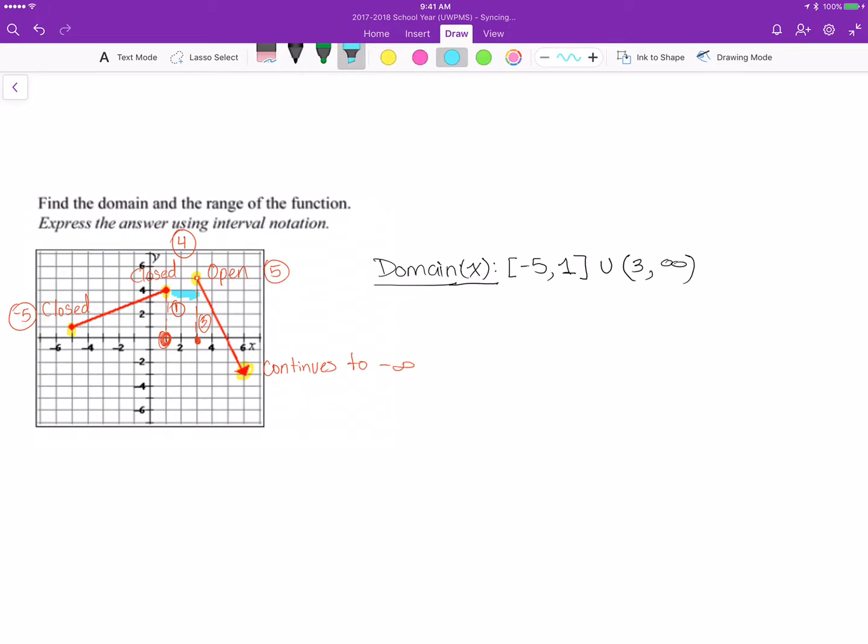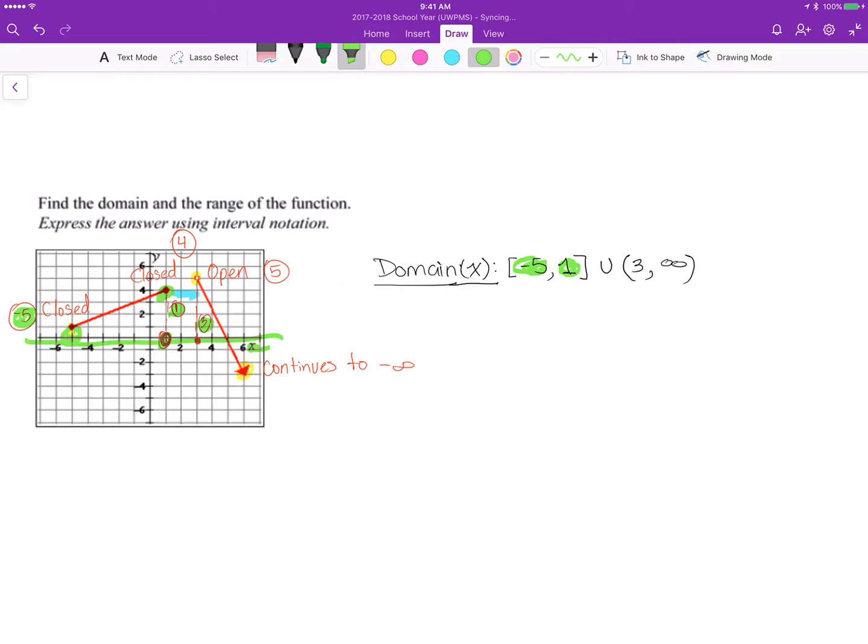That's my domain. Okay, so let me go ahead and color code that so you guys can see that. I'm gonna use green for my x values. This -5 comes from right here. That 1 came from here, which is this one right here. That's close.